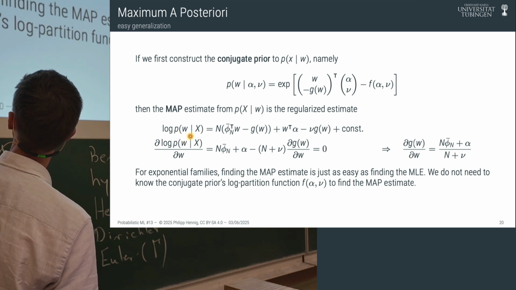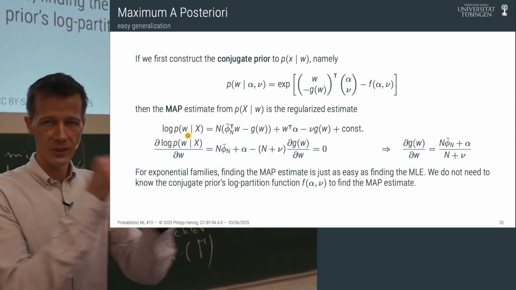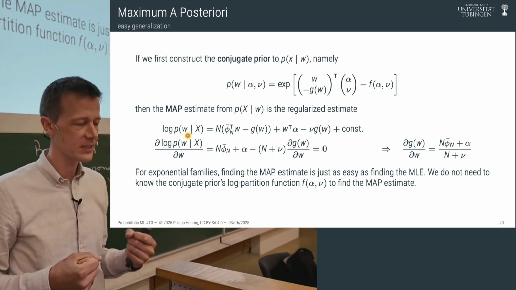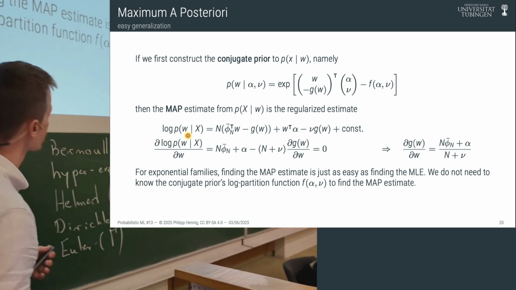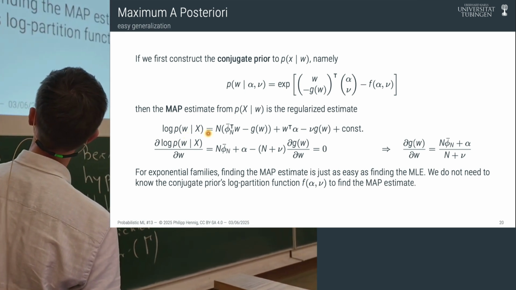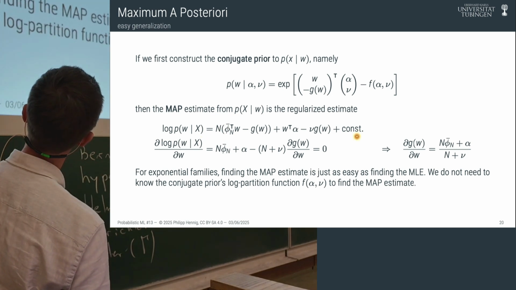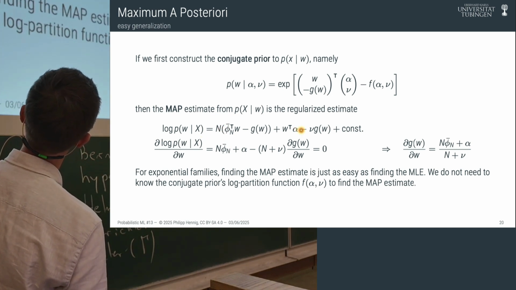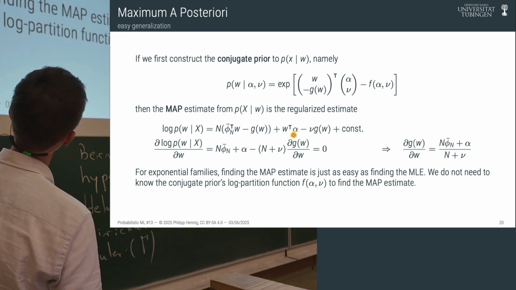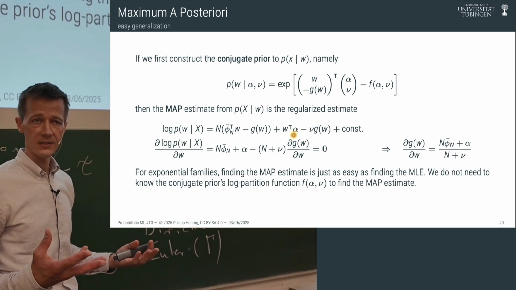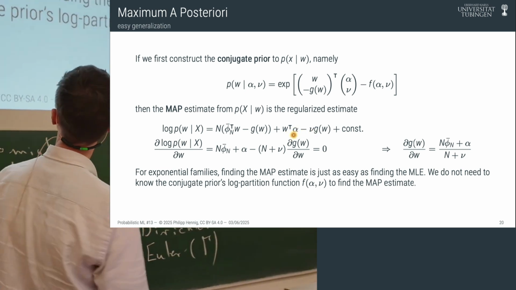So the difference to the previous slide is that the order of w and x in this expression has been exchanged, right? Now it's log of p of w given x rather than p of x given w, which is an actual probability density function. And the differences are really minor. The only thing that's been added are these extra parameters alpha and nu, which now you can think of as a regularizer on our likelihood.